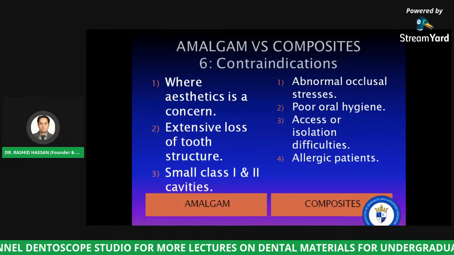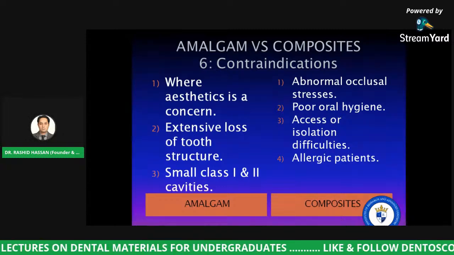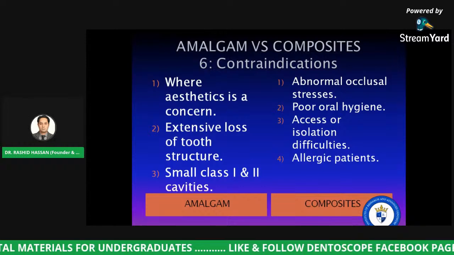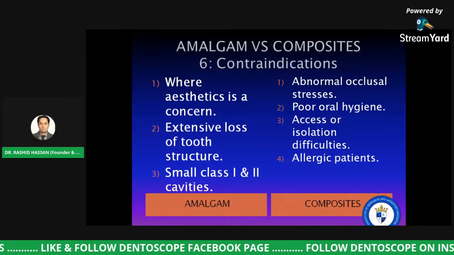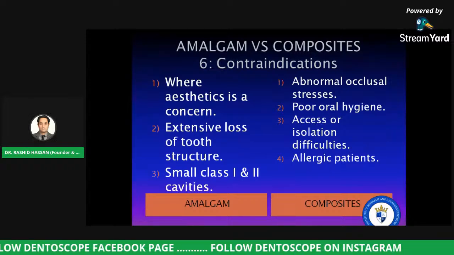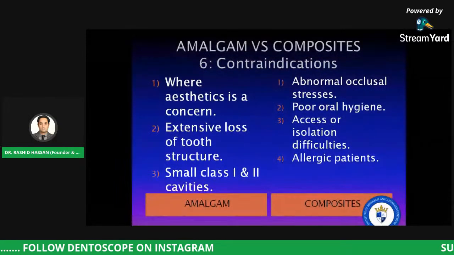The second thing is excessive loss of the tooth structure. I told you, according to GV Black, you have to make a specific cavity design, and one of these steps is the extension for prevention. You extend the cavity design into the normal tooth structure as well.